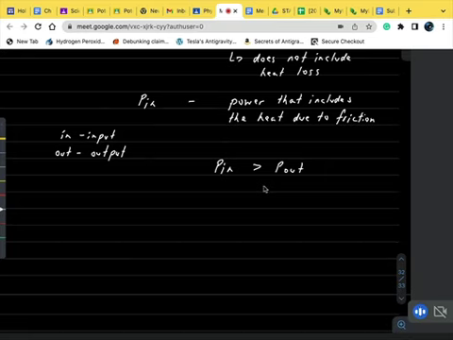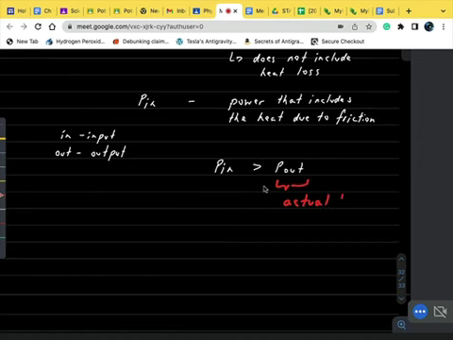So, a physical example of that. This would be the actual power you're getting out of the turning wheels or axle of a car.